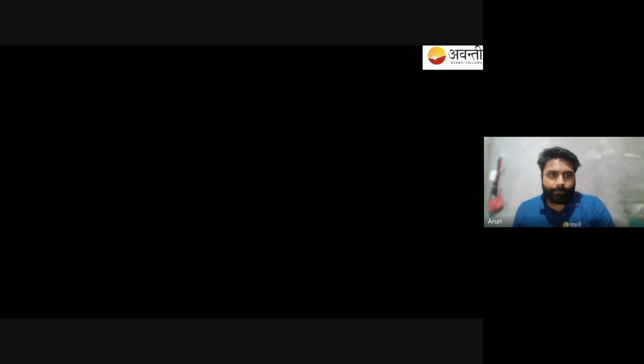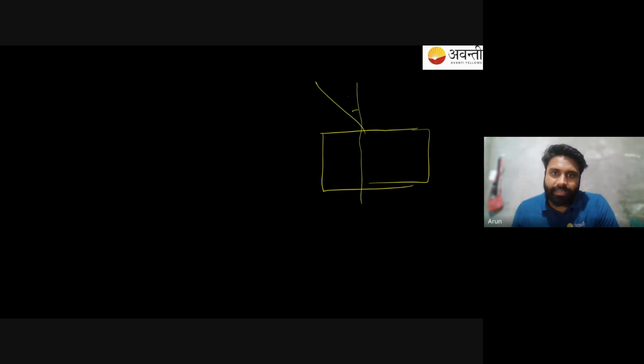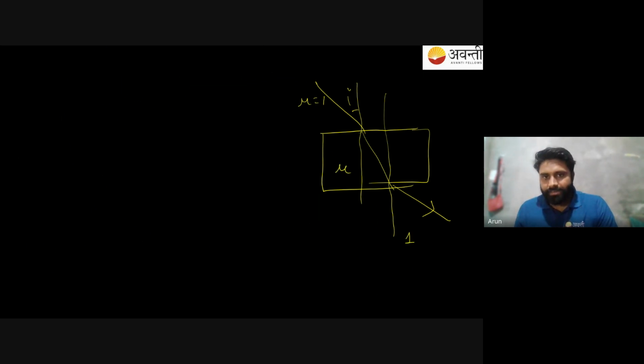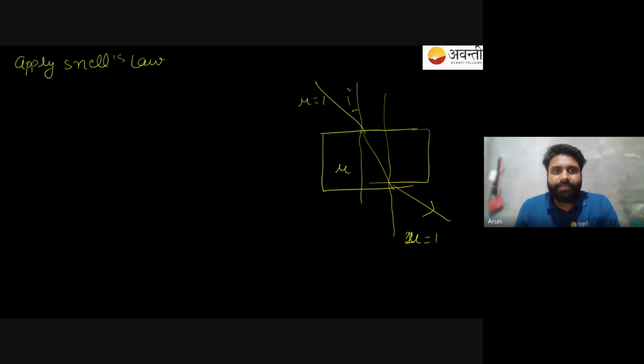Got it? Now, if I apply Snell's law in the previous situation, this is the glass slab we have. This is the incident ray at angle I, getting refracted, and again moving out. This is air, where n, or mu, is equal to 1. This has value mu, and this again is air, with mu equal to 1. So if I apply Snell's law here, what will we get?